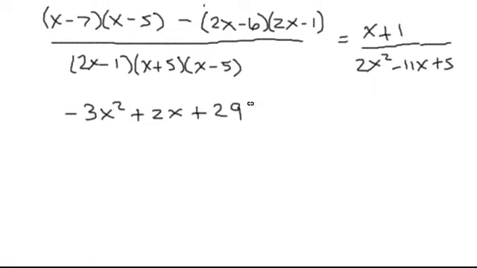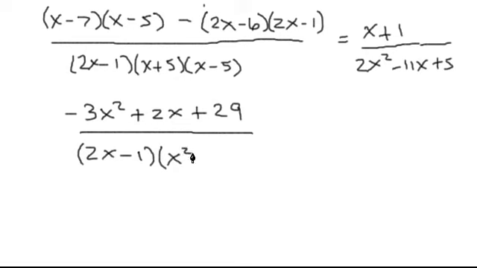Alright, went ahead and erased and moved that up. So this was all going to be over this stuff down here, which is going to be 2x minus 1. And I'm going to multiply this out. That's just the difference of two squares, x squared minus 25.